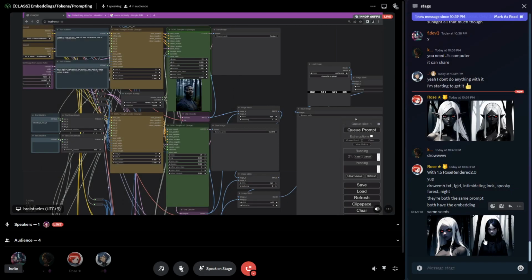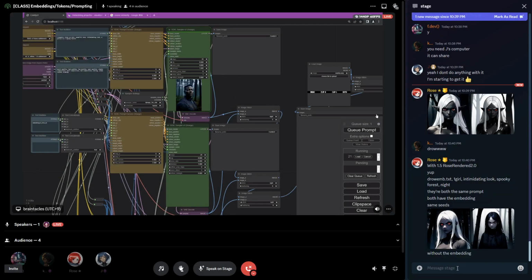Same seeds. Same seeds without the embedding. I get it now. There's a difference there, especially the ears.